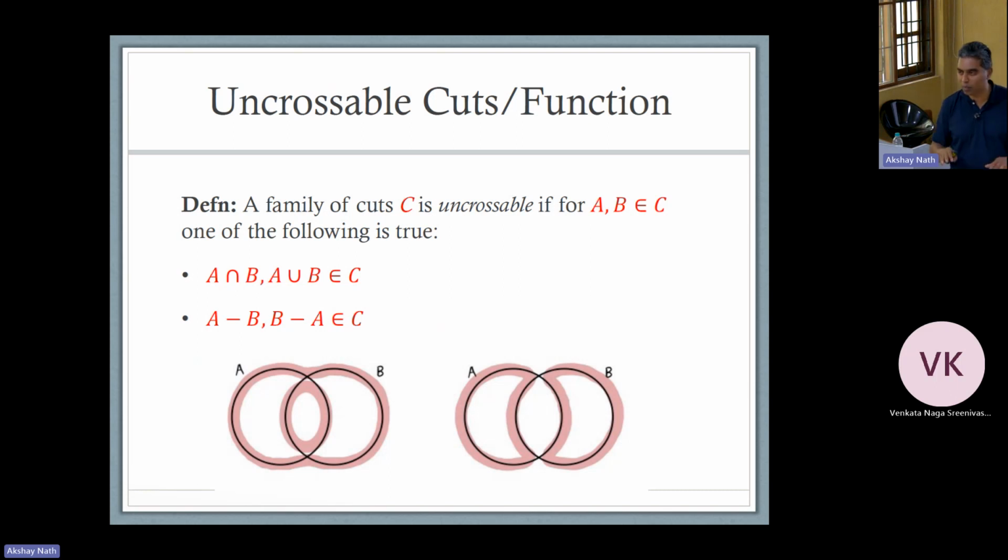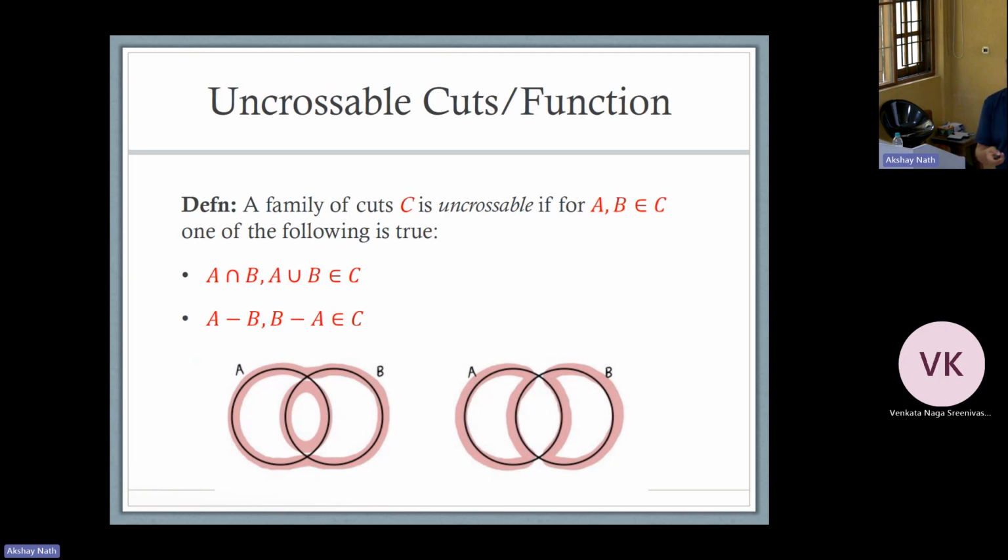Roughly, I'm oversimplifying. So a very nice result in network design is that if your family of cuts is uncrossable, then hitting them is easy. That's a classical result in network design.